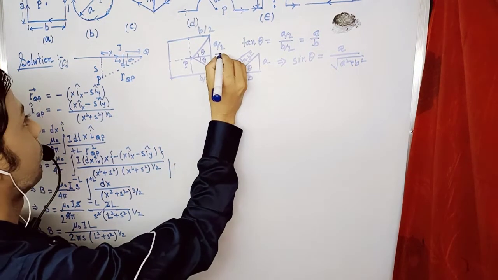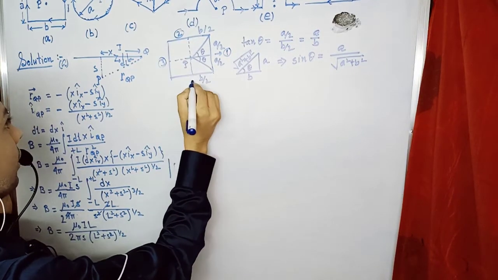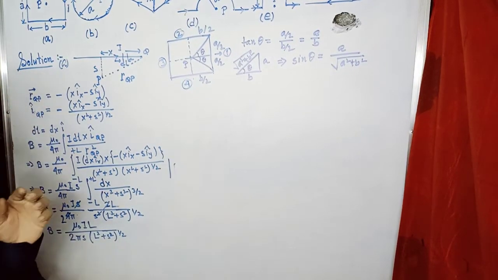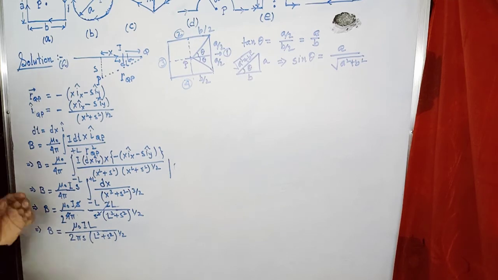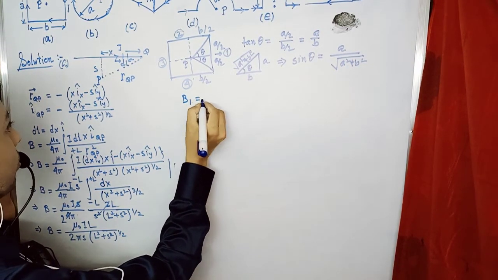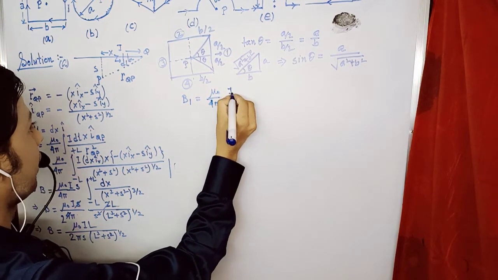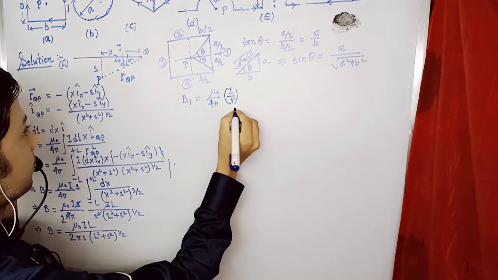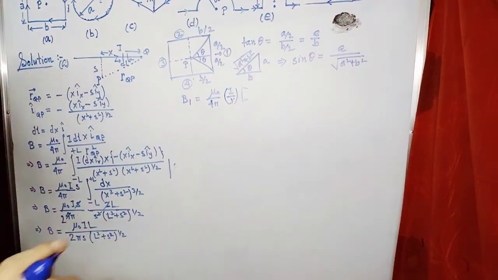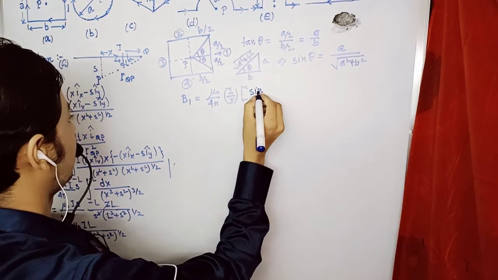Now this is our first segment, this is our second segment, this is our third segment, and this is our fourth segment. For the first segment, the magnetic field B1 is equal to mu naught divided by 4 pi, I upon R, multiplied by sin theta plus sin theta.